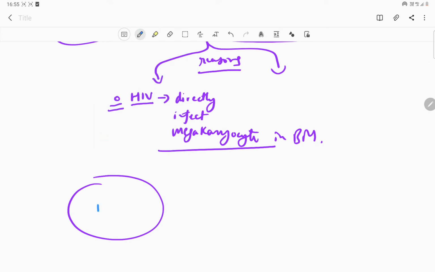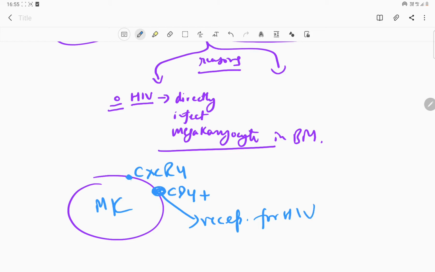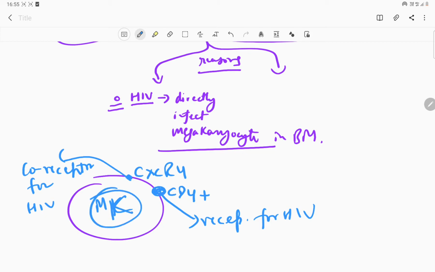This is the megakaryocyte in the bone marrow, and the megakaryocyte contains the CD4 positive receptor and CXCR4 also. This is the receptor for HIV, and this is the co-receptor for HIV infection. So the HIV binds to these receptors and then infects this megakaryocyte in the bone marrow.